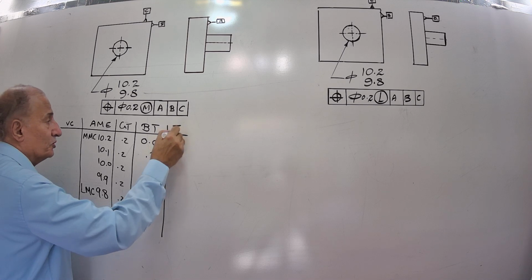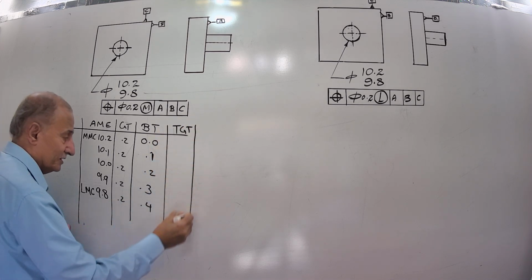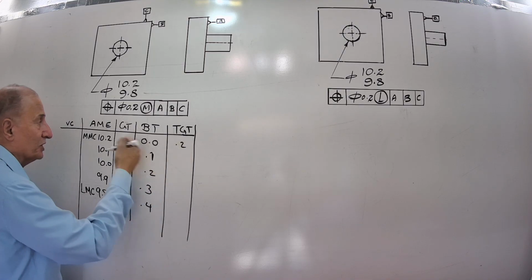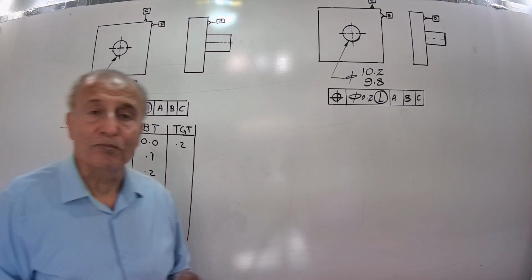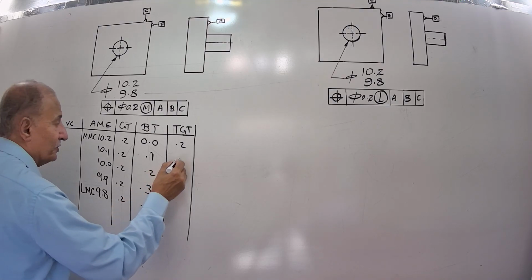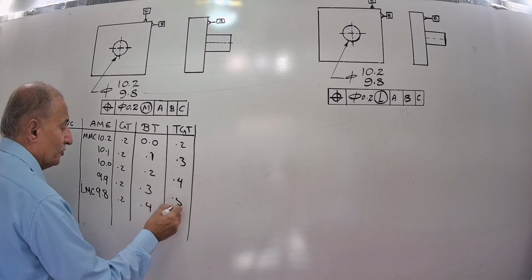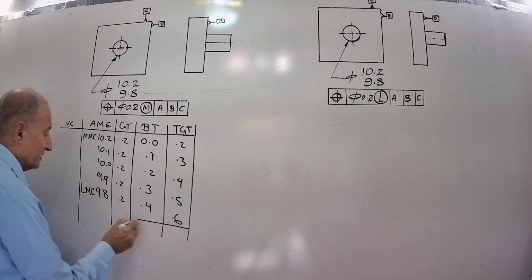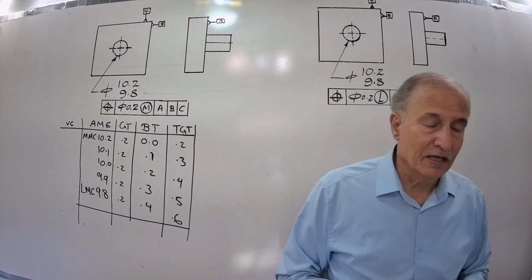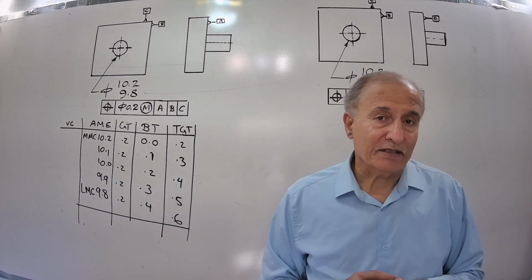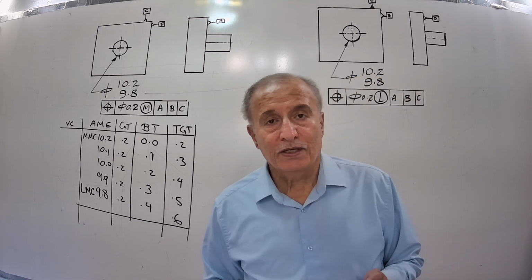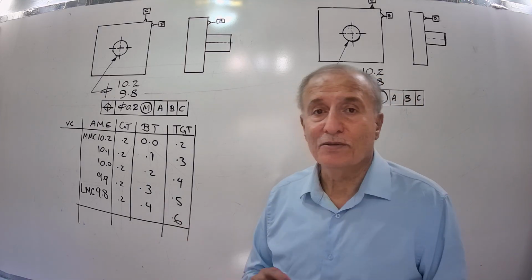And total geometric tolerance, TGT or TT, they show it 0.2. A summation of geometric tolerance and bonus tolerance is total geometric tolerance, 0.3, 0.4, 0.5, 0.6. Okay, we close the table. It means that if you produce at 9.8, you can have 0.6 position error.